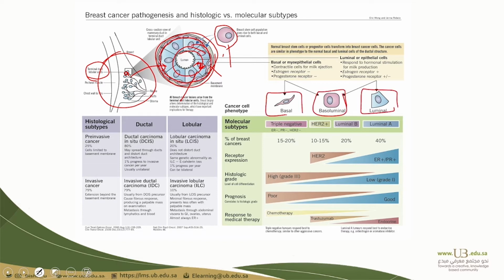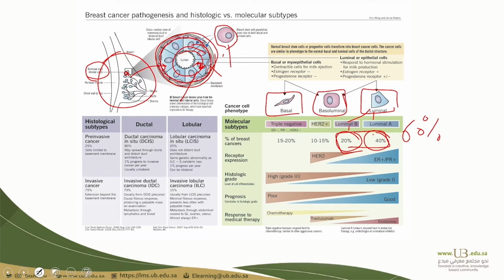We have luminal, which can be divided into luminal A and luminal B. This type of cells represents around 40% of the malignant breast cancers for luminal A, and luminal B represents around 20%. So together they represent 60%, which is the most common subtype of breast adenocarcinoma.